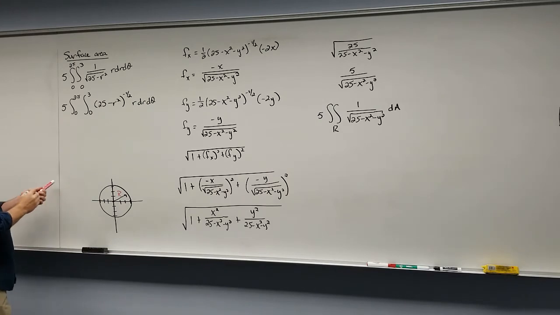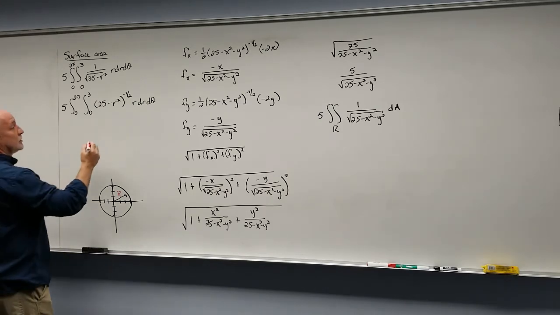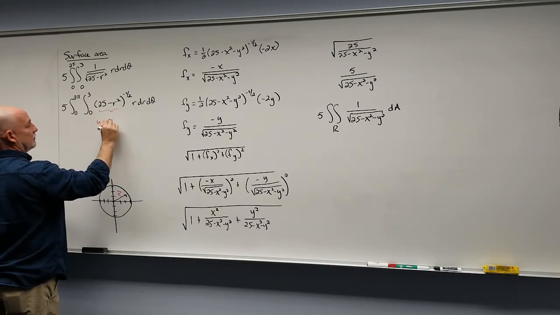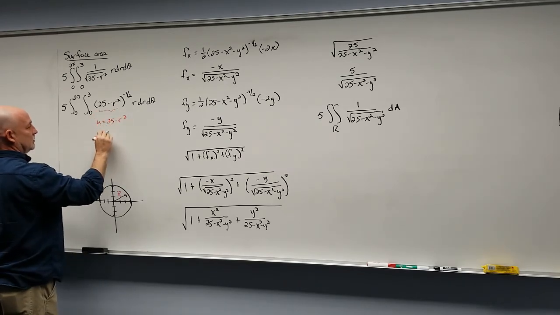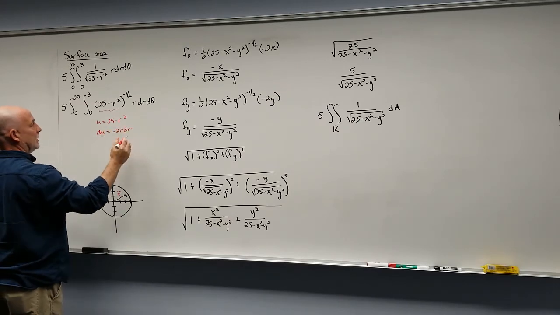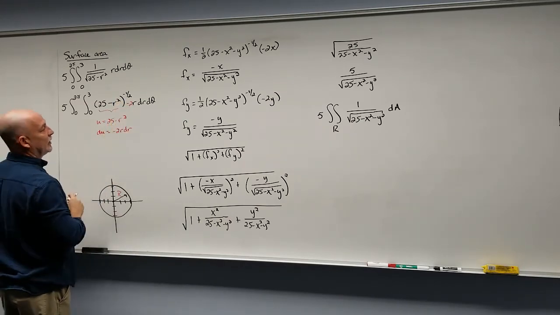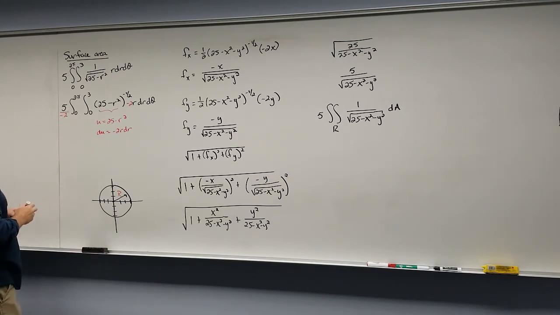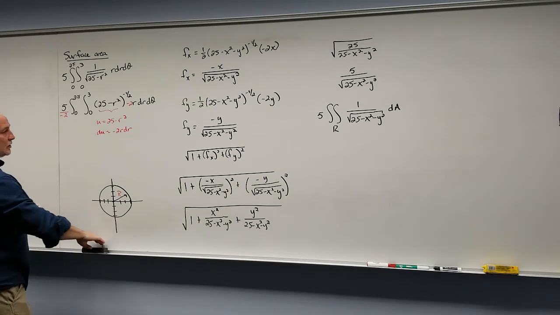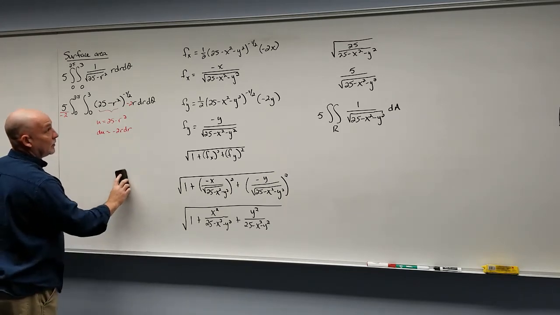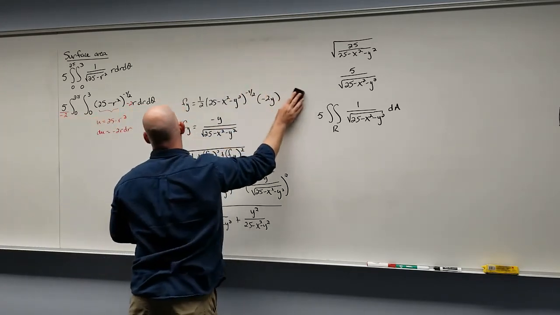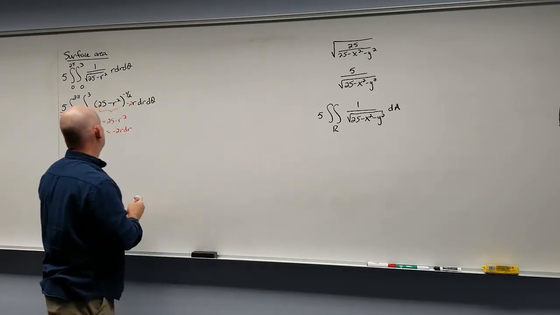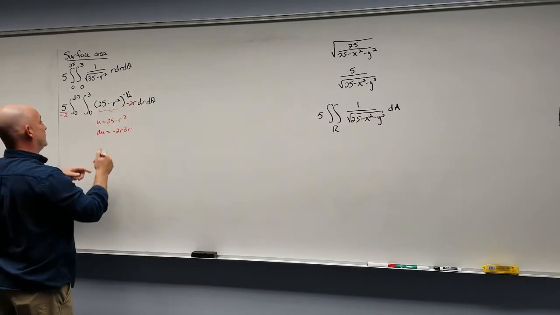Okay, to integrate this is a very straightforward u du substitution. We would let that stuff be u, which is 25 minus r squared, so du is just negative 2r dr. Same kind of thing we did last time when we had an integral like this. Let's stick the negative 2 in there and bring a negative 2 out front. So what does this turn into? This is really just the integral of u to the negative 1/2 du.